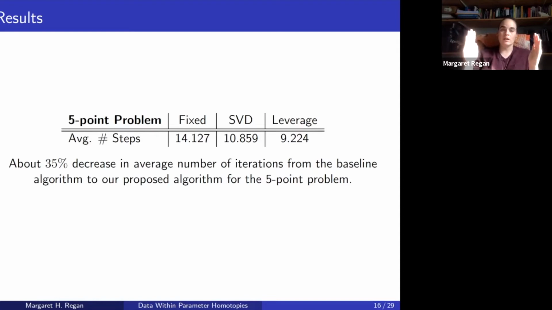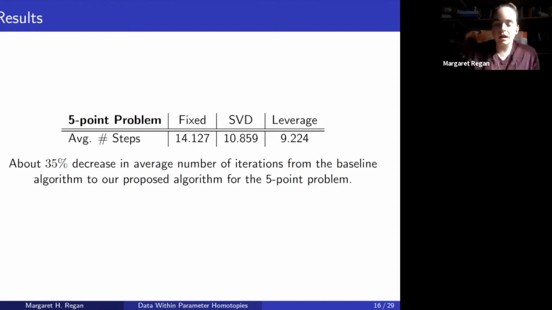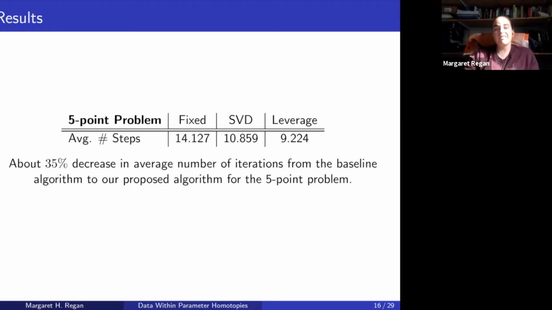So local data along the homotopy continuation path can have a pretty significant impact on the efficiency of the method when we're moving through the path and trying to find the solution set.